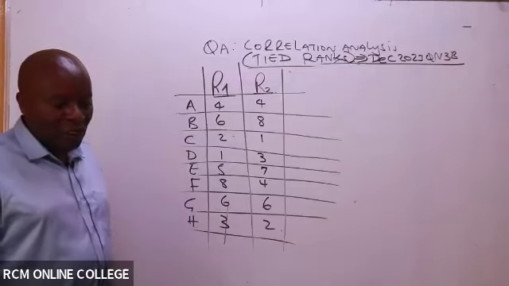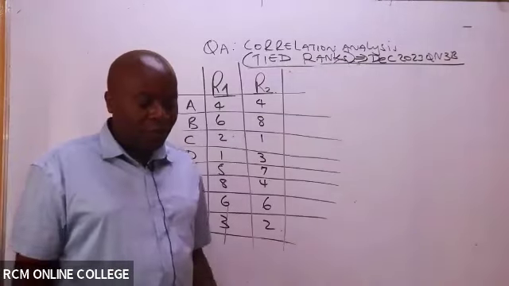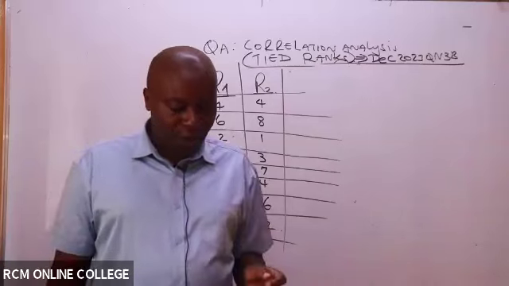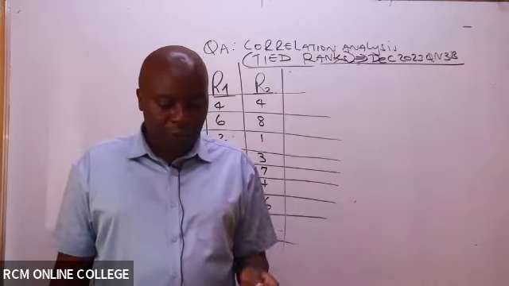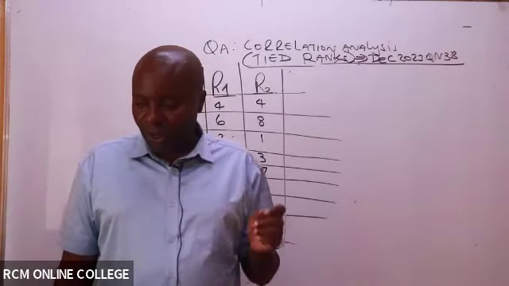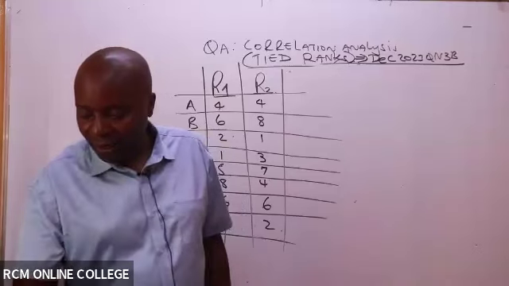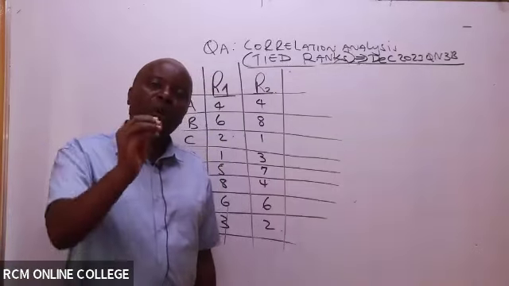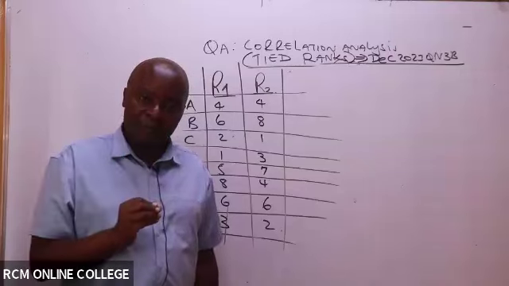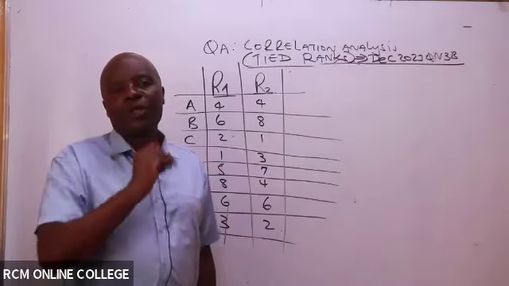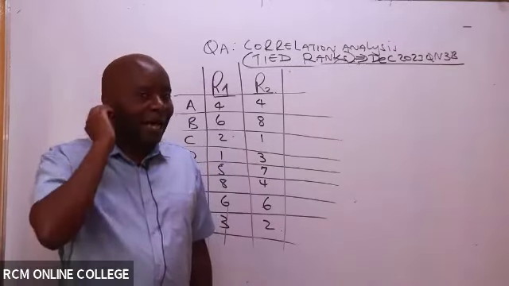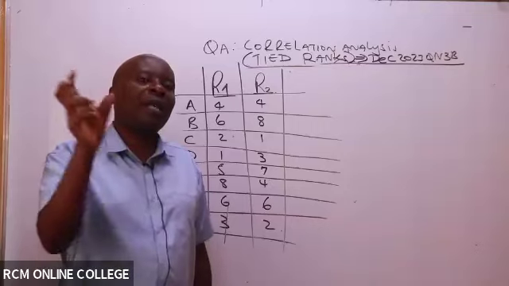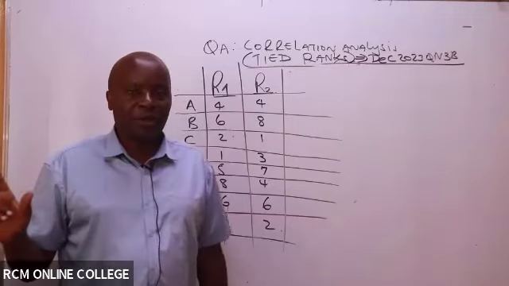So they want us, ladies and gentlemen, in this case here, to calculate the rank correlation coefficient of the two sets of rankings and comment on the results. So they want me to calculate what we call the Spearman's rank correlation, not Carl Pearson's.